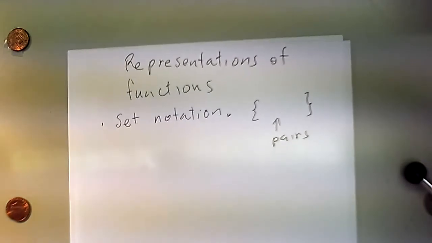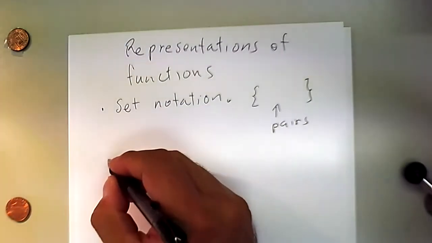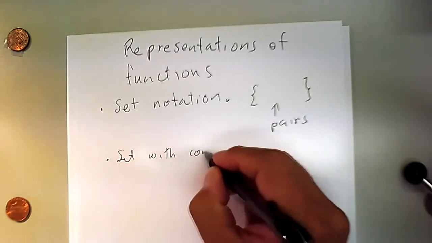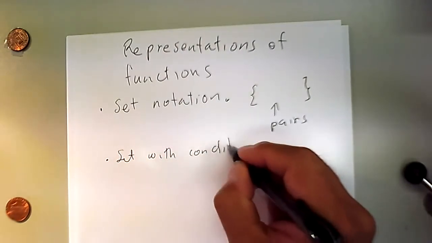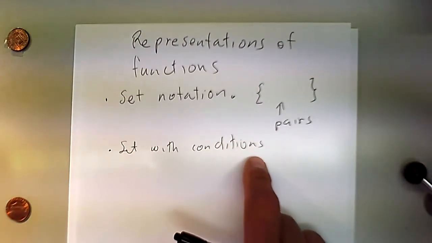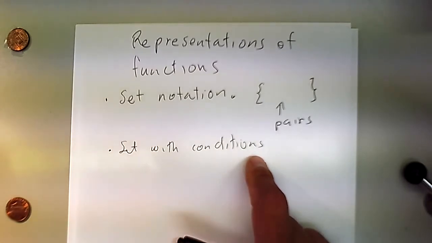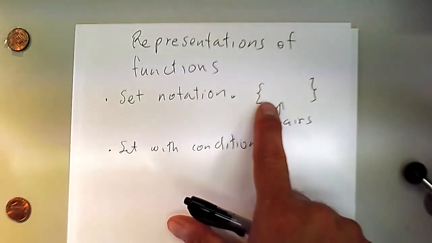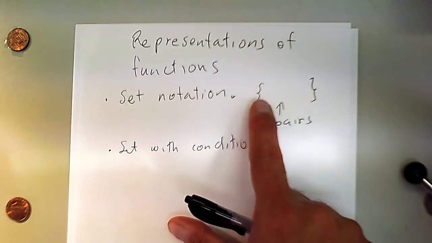We have the set with conditions. All right, so this is a little more sophisticated and a little more difficult. The reason is that if you have too many elements in the set, then it is impractical to write them all.